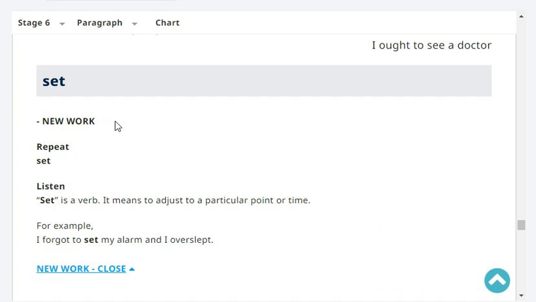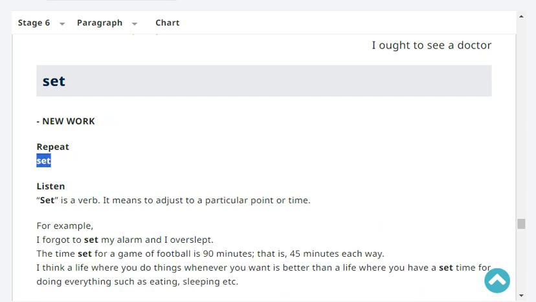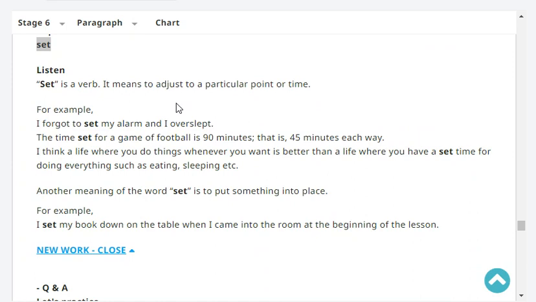Next, repeat after me: set, with the letter T. Set. Very good. Okay, listen. The word set is a verb. It means to adjust to a particular point or time. For example, I forgot to set my alarm and I overslept. The time set for a game of football is 90 minutes. That is 45 minutes each way.